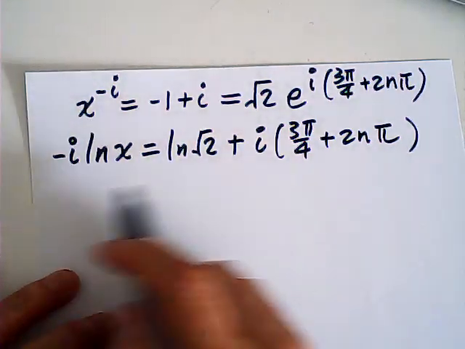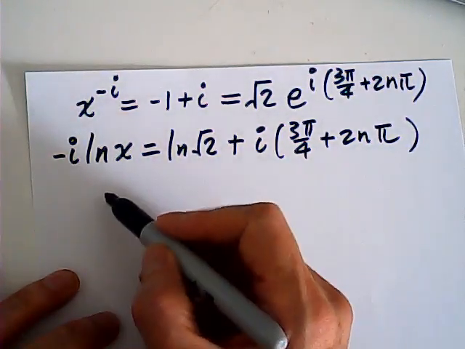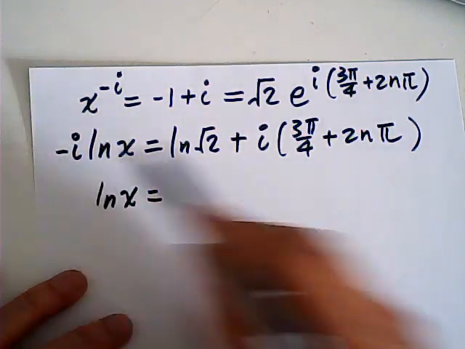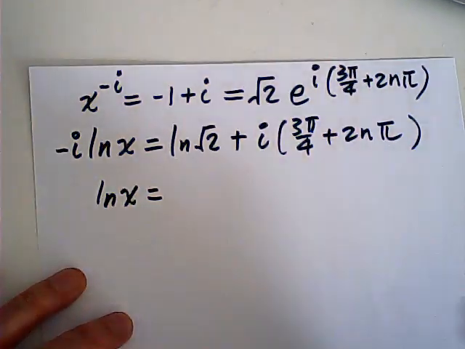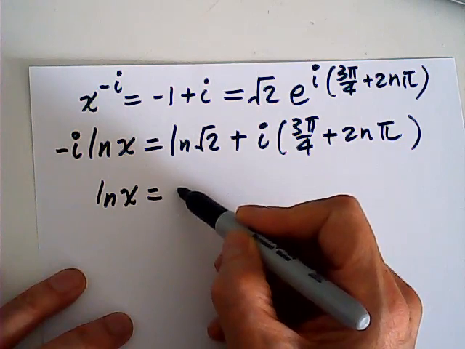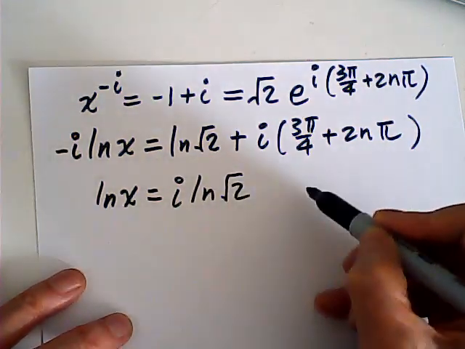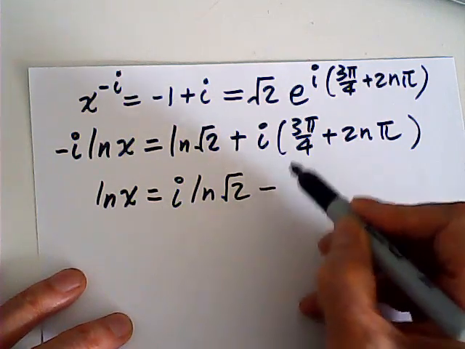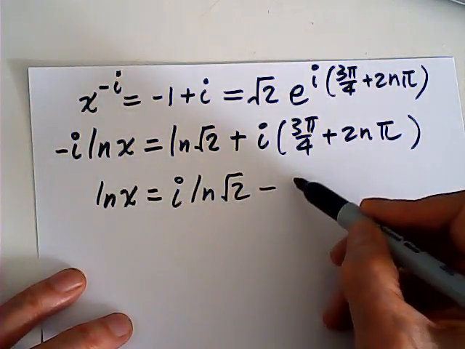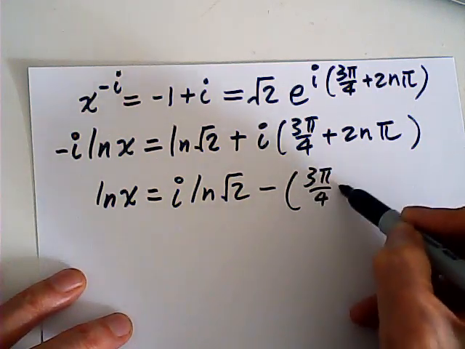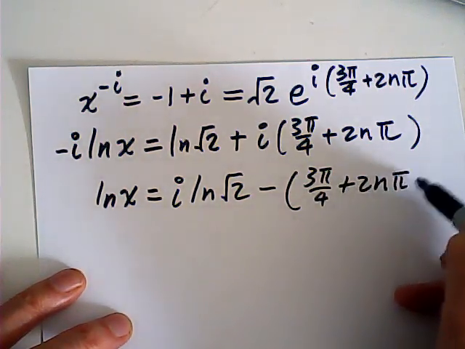So we divide by i. Natural log x is equal to, when you divide by a negative i, it's multiplied by a positive i. So it's i times natural log of 2. This i is cancelled. We have a negative left over, 3 pi over 4 plus 2n pi.